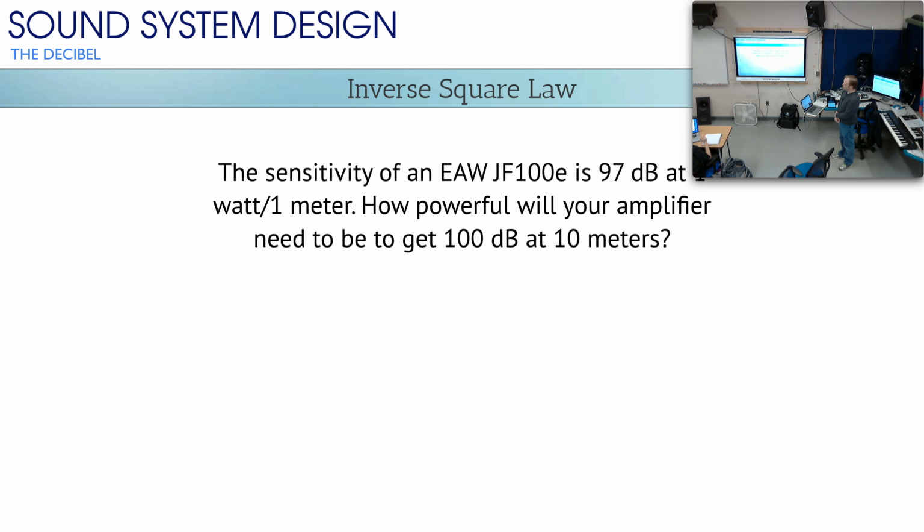Okay. And we need to be able to create 100 dB at 10 meters. Okay. Right? So if we're creating 100 dB at 10 meters and we're going to lose 20 dB making the trip. Oh, so okay, so we're compensating. Yeah, we're compensating for the loss. So that means we have to be able to create 120 dB at 1 meter in order to get the amount of sound we need at 10 meters.